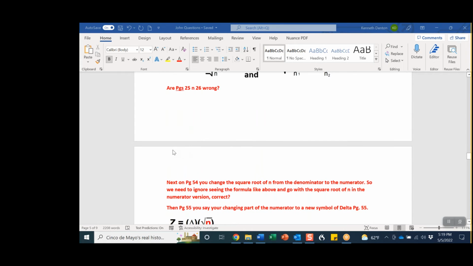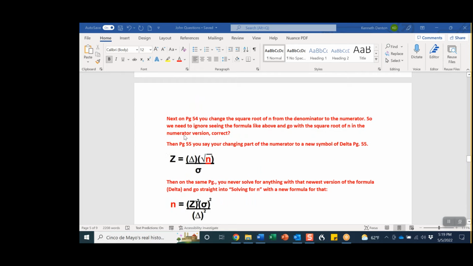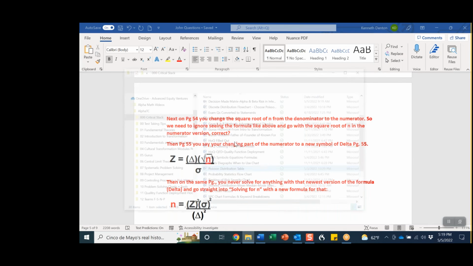Page 25, okay. Next, on page 54, you change the square root of n from the denominator to the numerator. So we need to, okay. Now let me go there real quick. Oh, I thought I had it open. Let's see here.